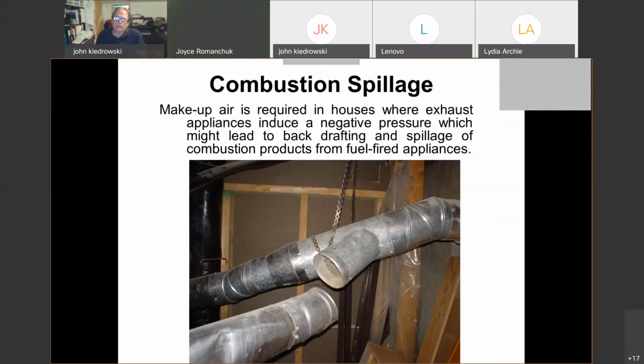So again, these are supposed to be venting into the chimney, which is over to the right-hand side. We can see it's disconnected here. And in this basement, basically, we're going to be dumping the products of the exhaust, which is supposed to be going up through the chimney to the outside.